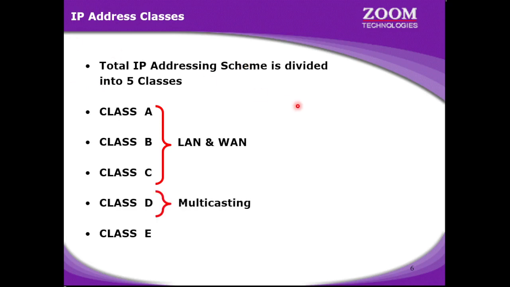So yung class D po natin is for multicasting lang, and class E is for experimentation. So tandaan po natin, E is for experimentation, research, and development. So naka-reserve po yung class D and class E IP addressing. So imagine nyo, naka-reserve na yung dalawang classes, so mas konti na lang po yung magagamit natin. Class A, B, and C na lang.